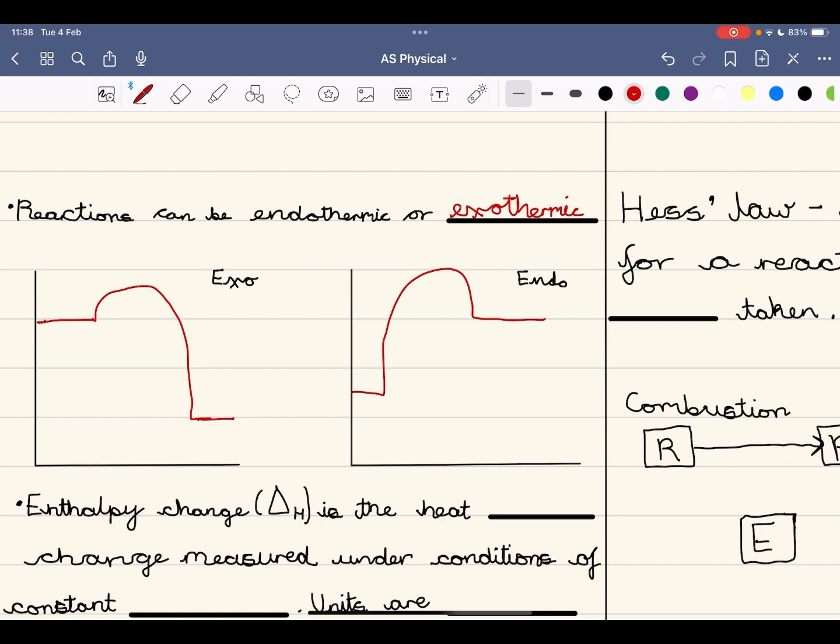Now we can mark the enthalpy change by marking the energy difference between the reactants and the products. Okay. And then the activation energy is the energy difference between the reactants and the maximum amount of energy. So that looks something like this.